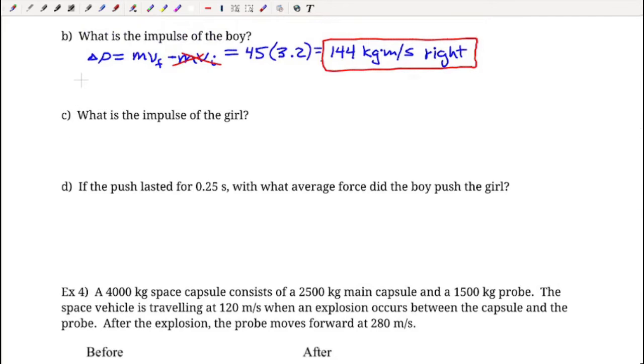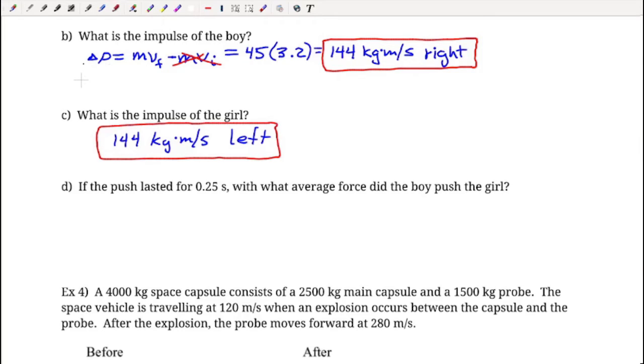So impulse is going to be the same, and you can actually do the calculation for that if you want to. But it should come out, we also get 144 kilogram meters per second, but this time to the left. If you're not sure why that might be, go ahead and actually do this calculation. Plug in the mass of the girl, plug in the velocity of the girl, taking into account velocities left, and that's what we end up with.